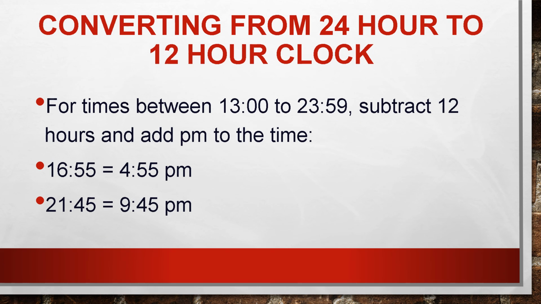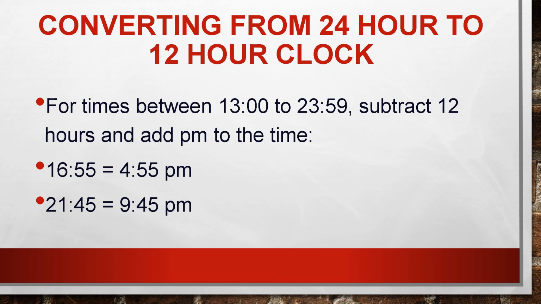And then the time between 13 hours and 23 hours 59 minutes. You have to subtract 12 hours. There is no change in the minutes, only from the hours you subtract 12, and you write PM to the time. For example, 16 hours 55 minutes.